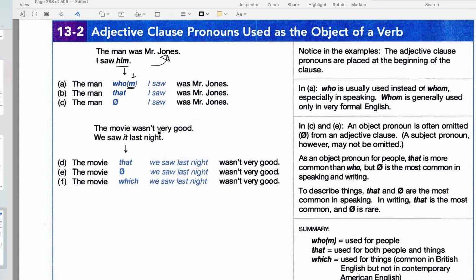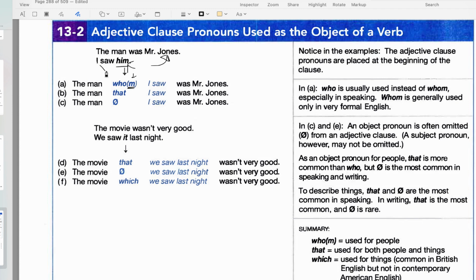It is seen as extremely formal, and we use it a lot more in writing, but even in writing, we have writers that tend not to use it. But if you want to impress your English teacher, then you can say whom for those who are being used as the object of the verb. So you can see that the relative pronoun is the object of the verb because you find out what noun you're going to replace, as in this case it's him, and where's your verb?